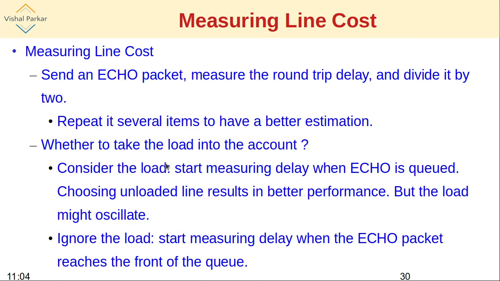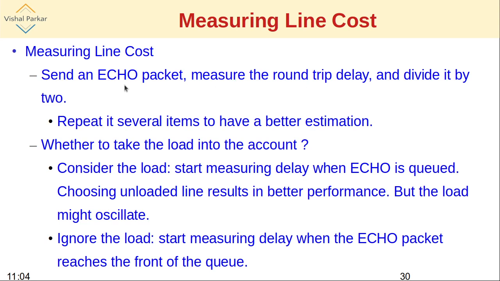Second is measuring the line cost. Once it knows that these are the neighbors, what cost is there to approach those neighbors or the routers in the subnet? And to calculate this, each router next will send one echo packet measuring the round trip. And what is the echo packet?